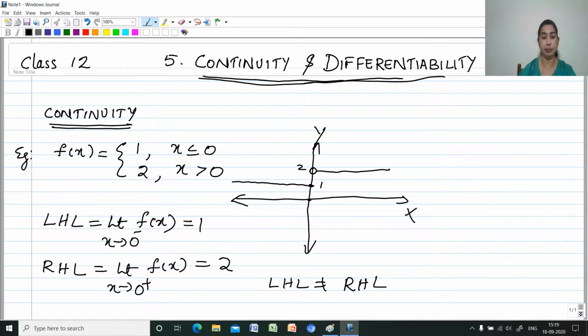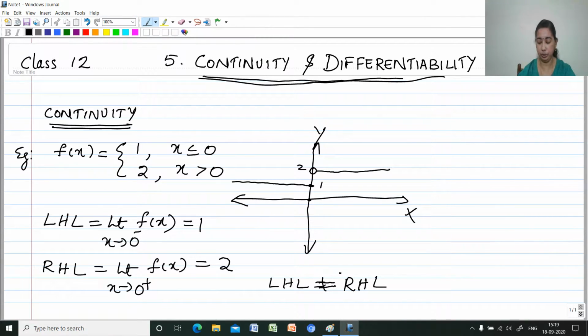So what can you tell about the condition when we say that a function is continuous? If LHL equals RHL, can we say that it is continuous? Here we got LHL not equal to RHL. Is it enough to show that LHL is not equal to RHL in order to show that it is continuous?